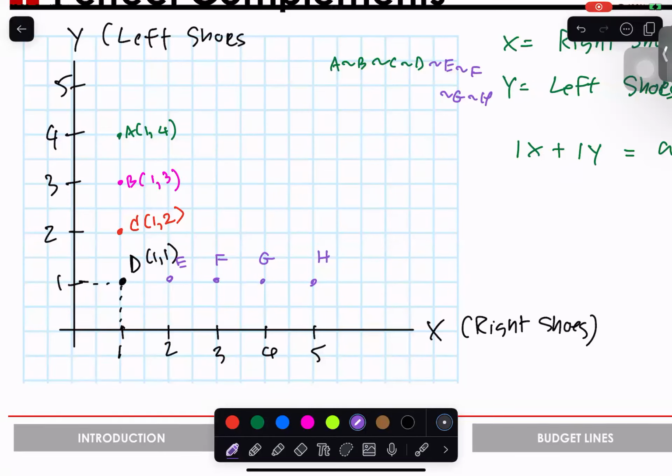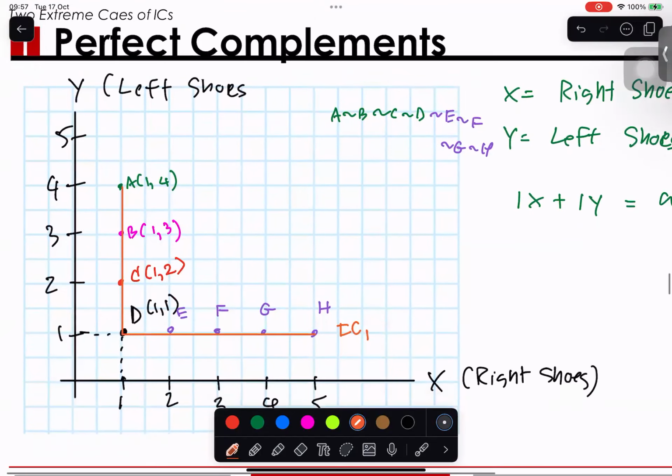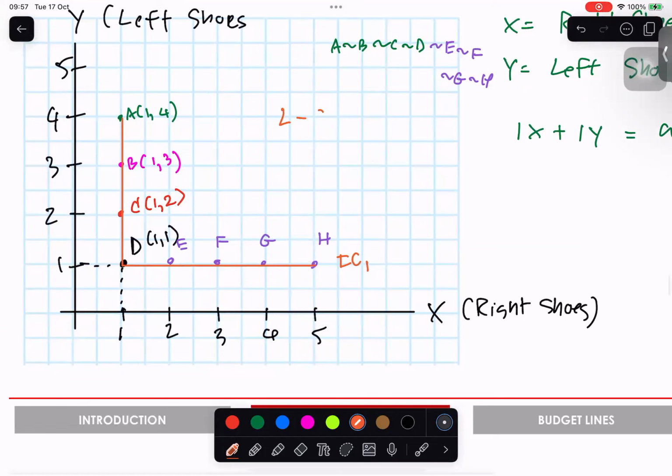In this case, it's L-shaped. This is IC1, the L-shaped indifference curve for perfect complements.